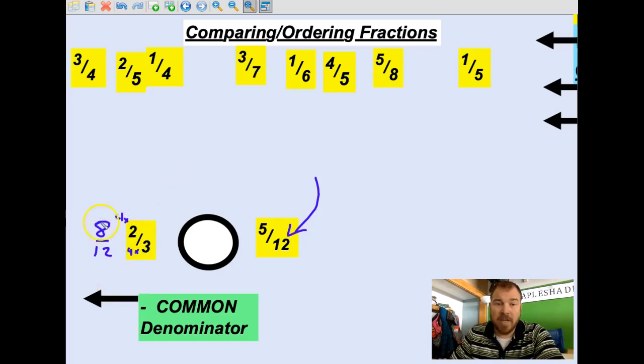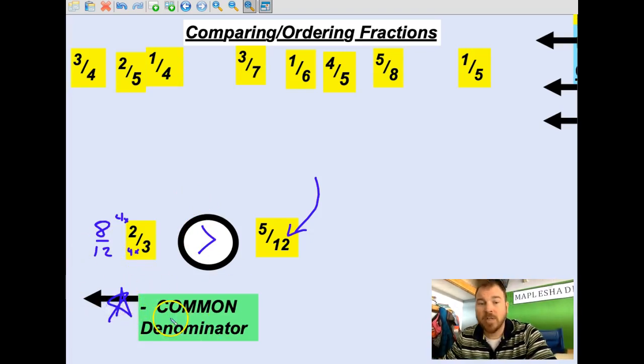And now I have 8/12 compared to 5/12. It's very easy to tell that 8 is more than 5. So moving forward, our common denominator is going to be the real number one way we're going to be able to prove a fraction is greater than, less than, or equal to another fraction. And most importantly, it's going to be important for adding and subtracting fractions, because we cannot add and subtract unless our pieces are all the same size.